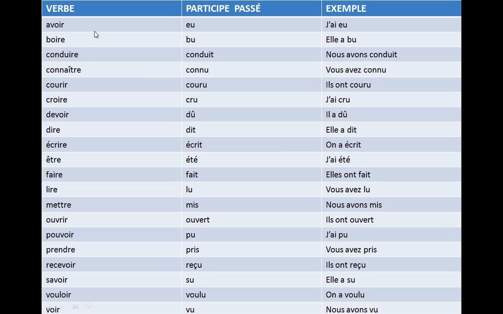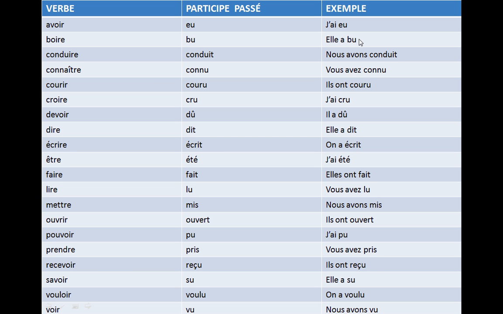And there's avoir, that's the infinitive, and then the participe passé is eu. The example that I gave is j'ai eu, which means I have had. Boire, another example, is the infinitive. Then you have the participe passé bu, and the example that I gave is elle a bu.